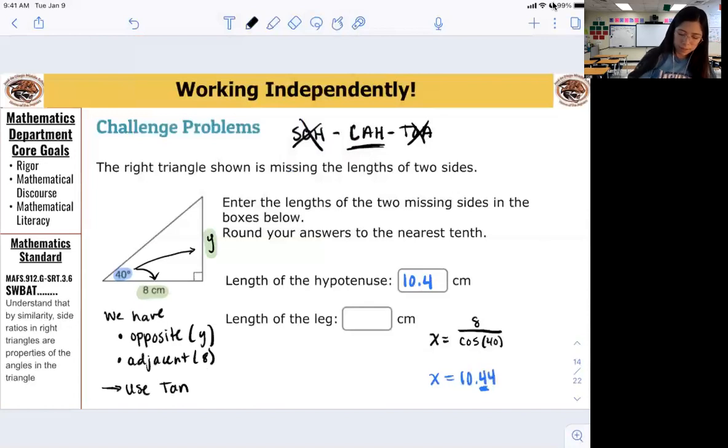So here we go. So we're going to set up the equation. Tangent of 40. I'll give this one to Eric. What would be the tangent of 40?